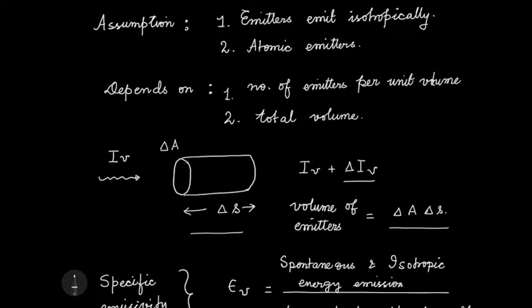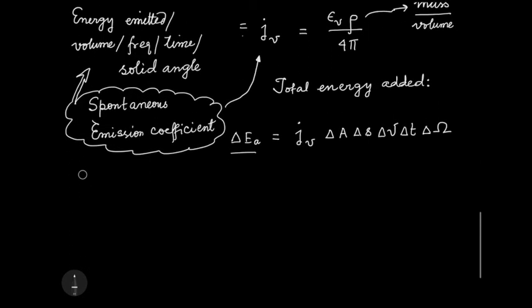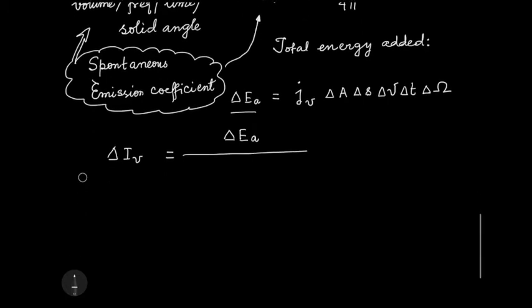Because that is the radiation energy, the account of the radiation energy in terms of specific intensity. So what will be delta I nu, because of spontaneous emission?